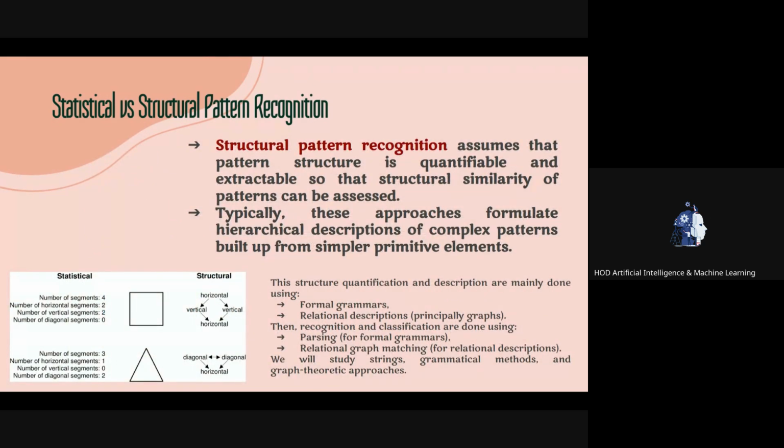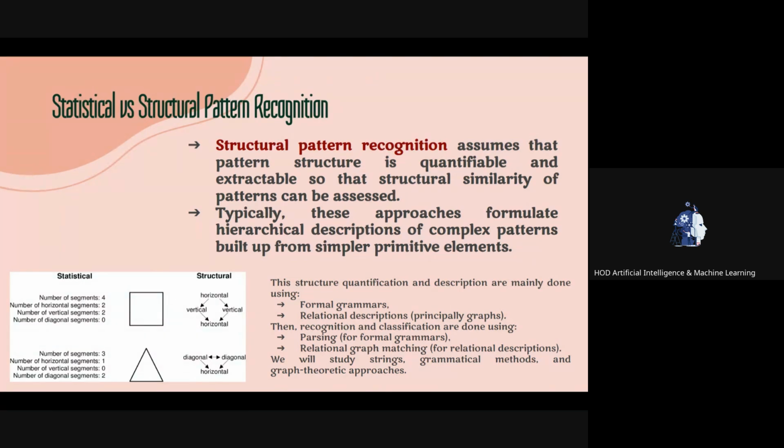Okay. So coming to structural pattern recognition models, just look at this diagram. The picture given to us has a square over here and a triangle over here, right? What does structural pattern recognition take as an input?